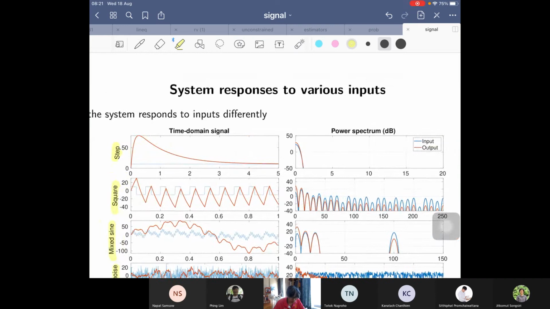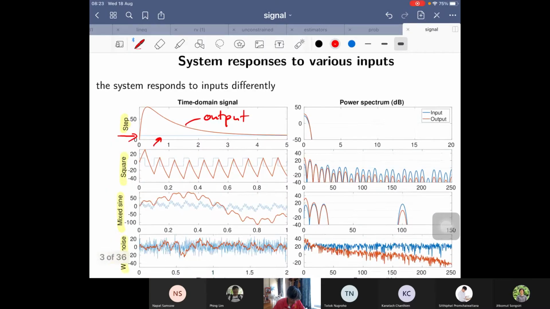Okay. Step response is what? We apply a constant input. Here's the thin blue line, and the green line is the output. Okay, this is how it looks like at the output. The system rises, okay, and then decays and converges to a constant.